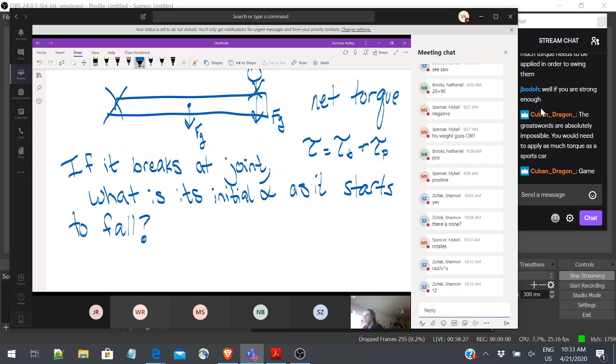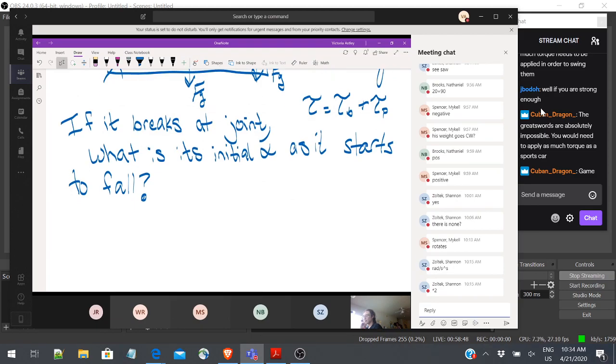So we're going to presume that this is going to rotate around, that it's not going to fall straight down. It's just going to like crack, right? So the whole thing is going to swing down like that. So let's say our net torque was some value.